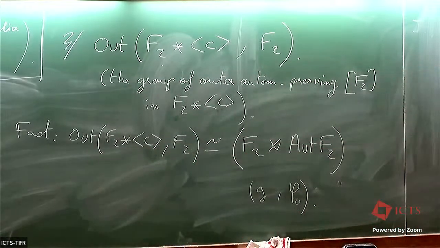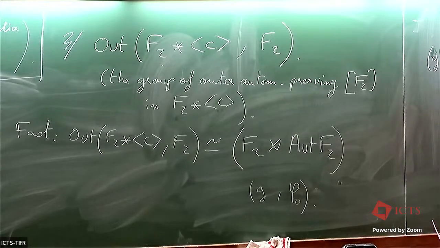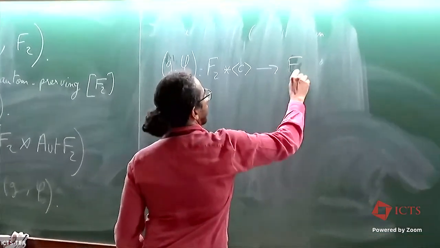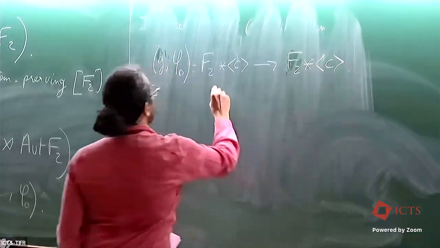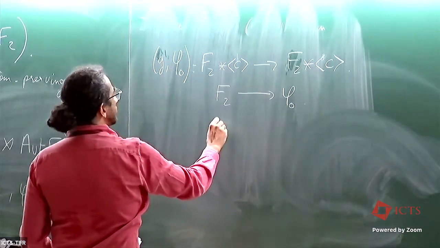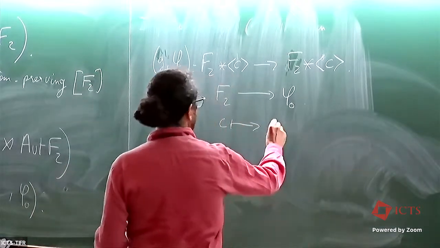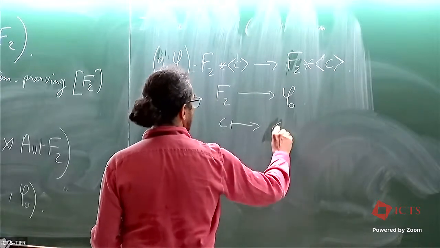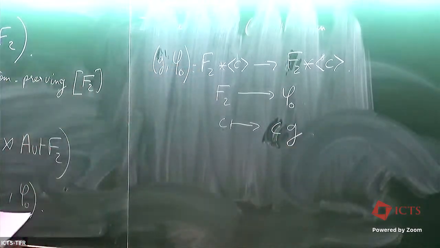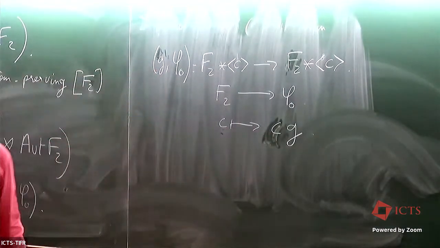I want to apply it on F2 star C. So on F2, I will do phi 0. And on C, I will map it to C times g. But except that it could be sent to C inverse times g.